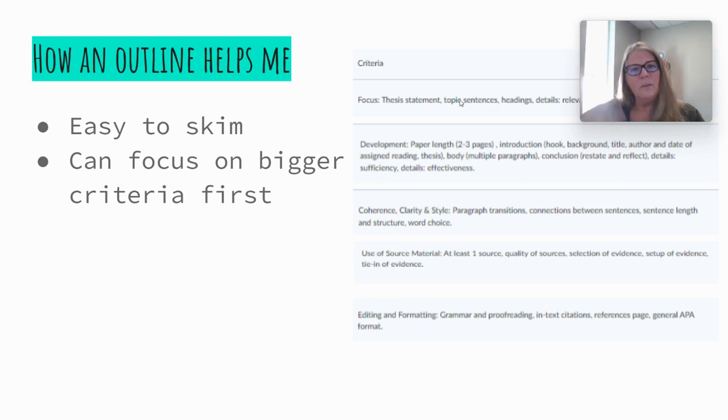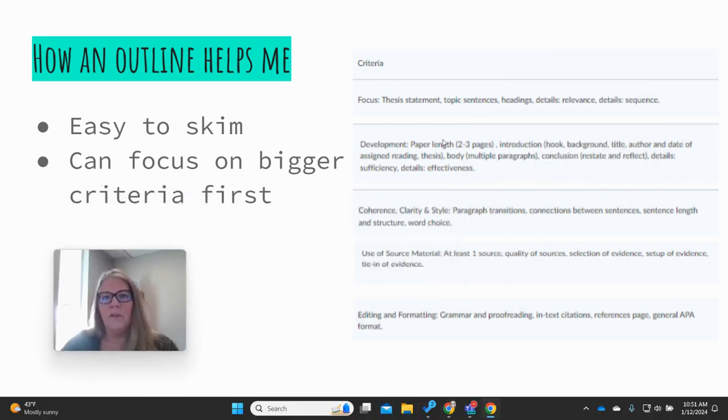Okay. So these are some of the bigger global issues. Higher order concerns is another term that I use to talk about those. So we can't really continue with the writing process if you're having issues with some of these criteria.